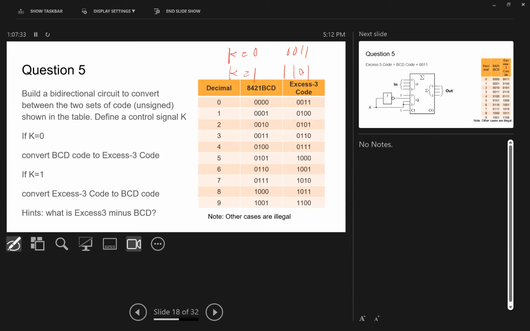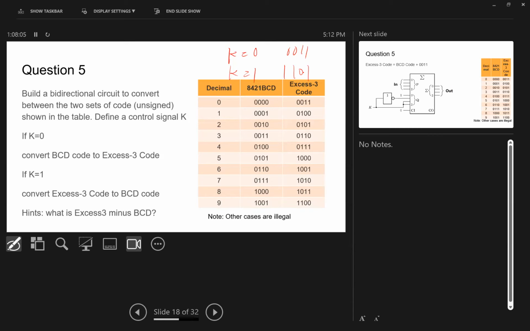So we can always let the LSB of one operand be 1, and let bit 1 be not k, because bit 1 is 1 when k is 0 and bit 1 is 0 when k is 1.